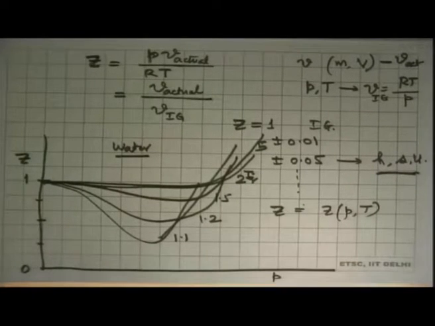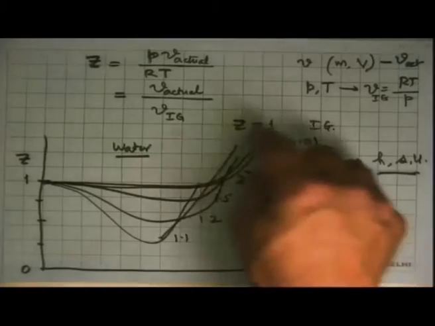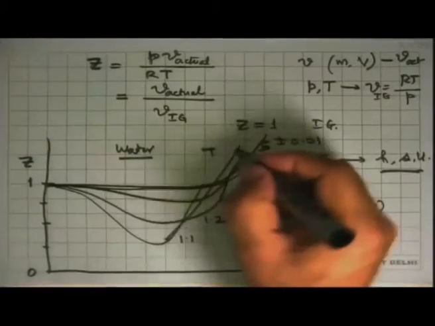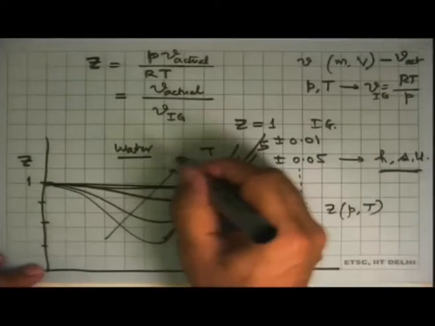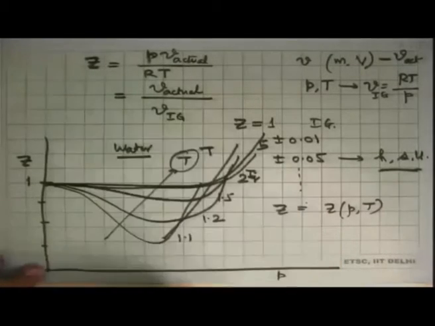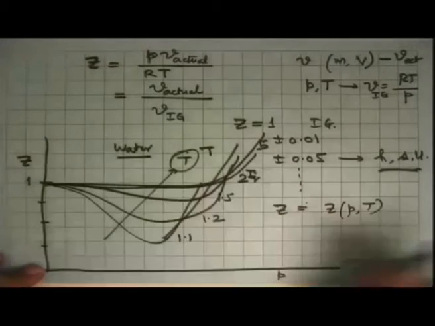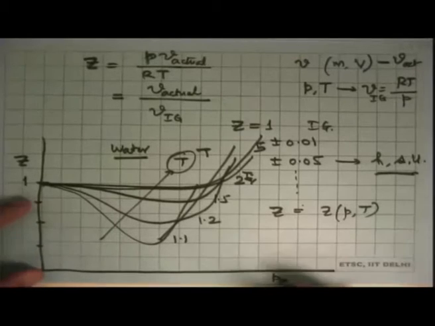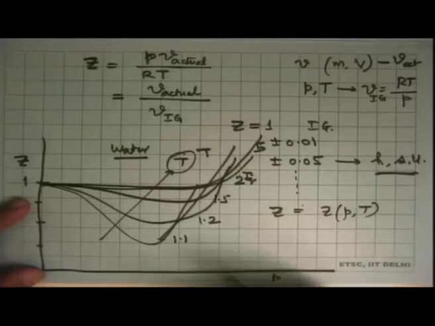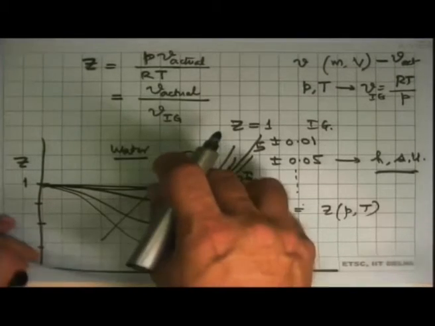But nature has its own beauty, and instead of plotting P and running parameter as T, so T is increasing this way, we change the coordinates, and instead of P, we plot the reduced pressure, and instead of T, we plot the reduced temperature.